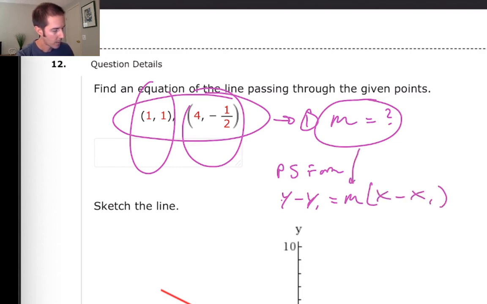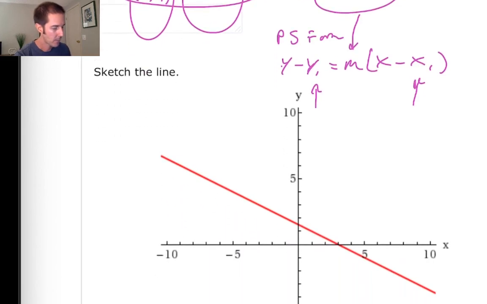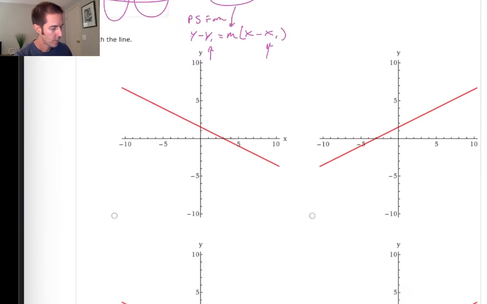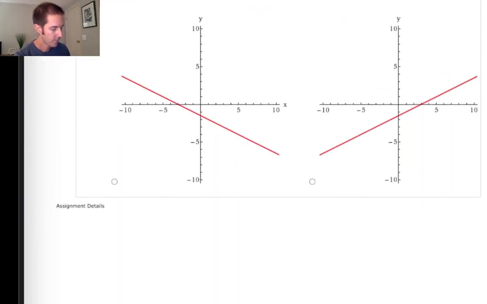Your slope is going to be here, and maybe this will be x1 comma y1. You'll plug those 2 values in to here, and you'll write an equation for the line. And then you'll sketch the line. So you'll have to choose from those graphs.